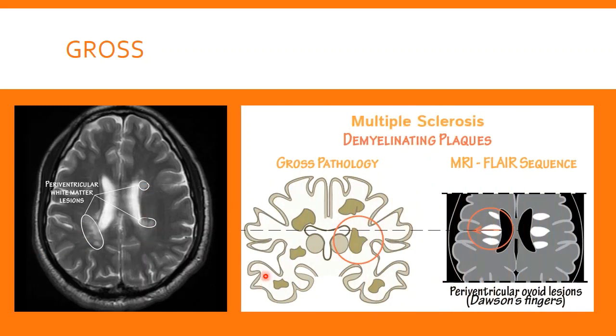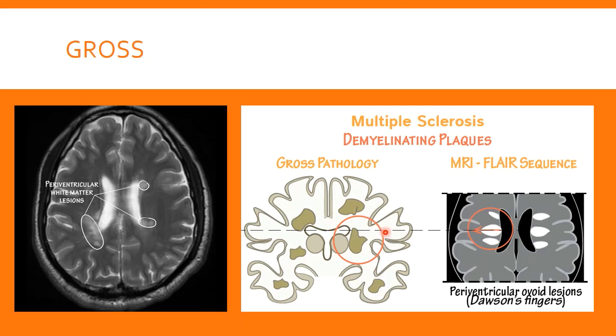If we see the radiological aspect of it, the radiology shows the characteristic periventricular white matter lesions, periventricular demyelinating lesions here. When we see the gross pathology, it shows a characteristic plaque-like area, which under the MRI FLAIR sequence is referred to as the periventricular ovoid Dawson's fingers, right here.